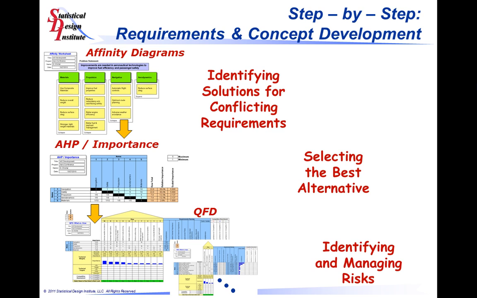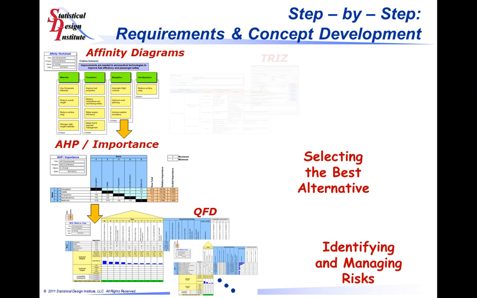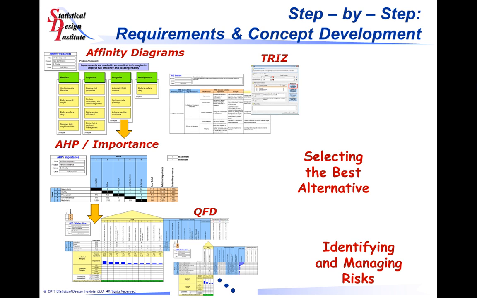The next step in our process is to start identifying solutions for conflicting requirements. The technique we've included here is the theory of inventive problem-solving technique. In the SDI Tools, what you can do is open a TRIZ session, which will allow you to generate basically a blank worksheet where you can collect information that's developed using the TRIZ process.